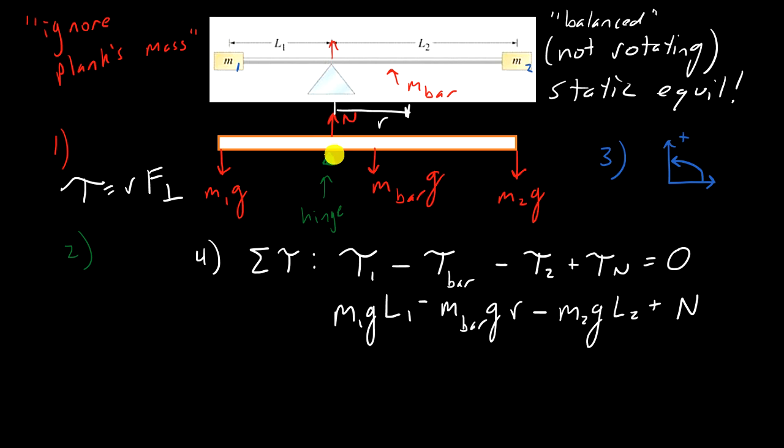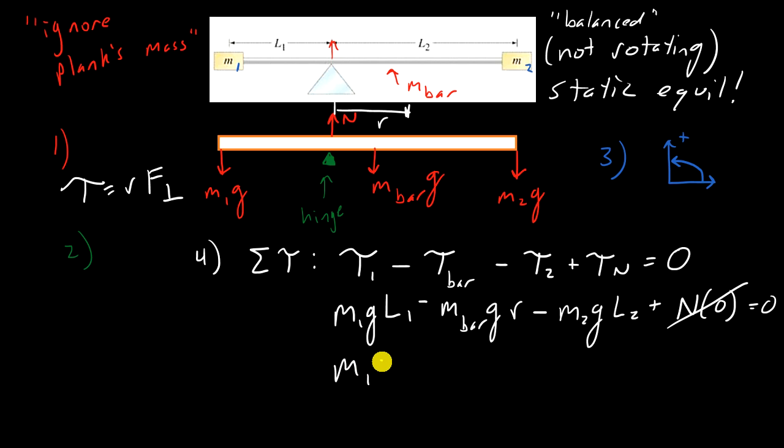The normal force is acting where the hinge is. So that means it's not producing a torque. R is nothing for the case of this normal force. Convenient, that goes away. That's why I said in the previous slide, sometimes it's nice to pick a hinge where you have an unknown force, because there's not going to be a torque at that spot.